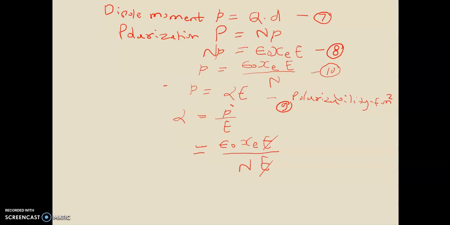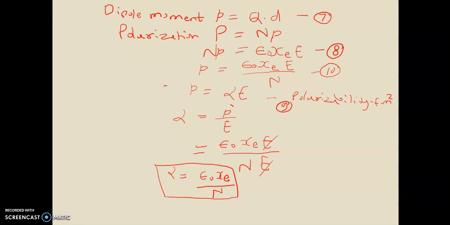What equation do you get? Alpha is equal to epsilon 0 susceptibility divided by N. So remember this equation for polarizability. You have a number of equations to remember.